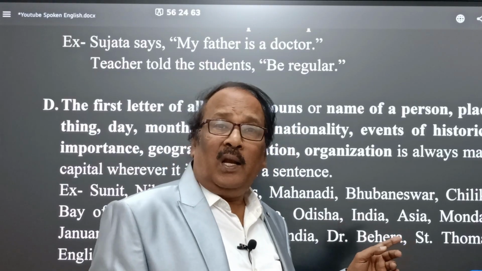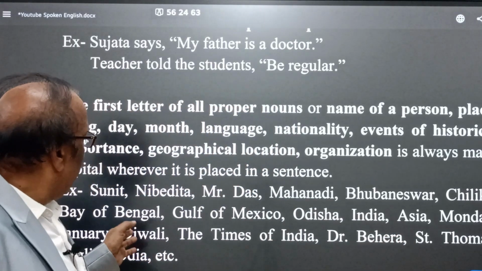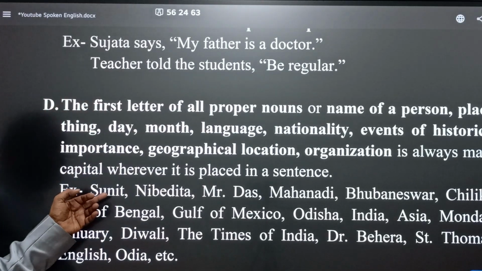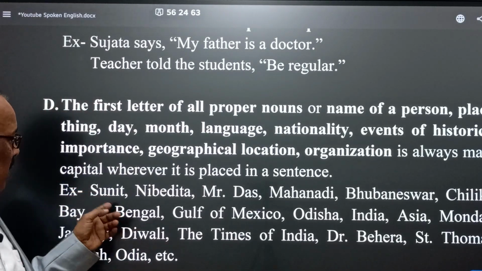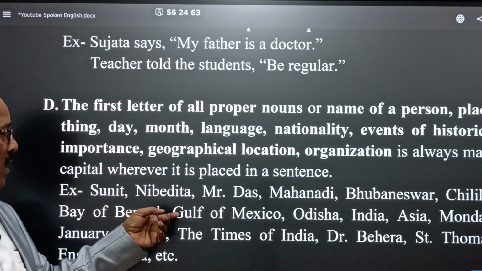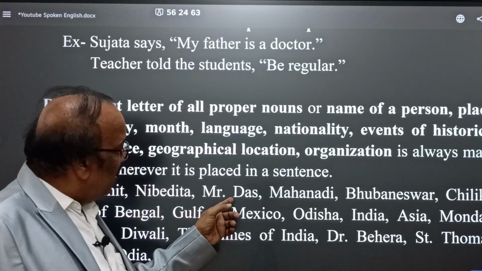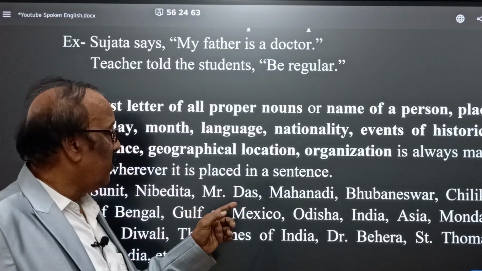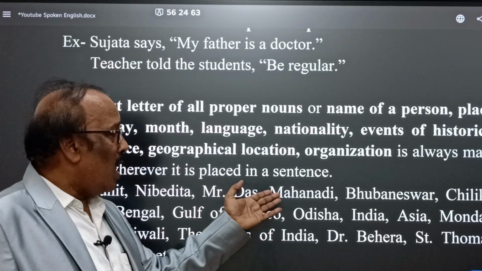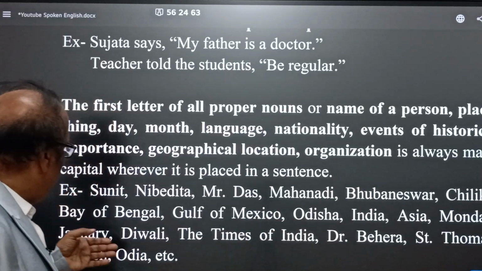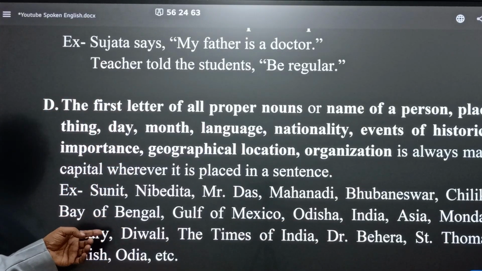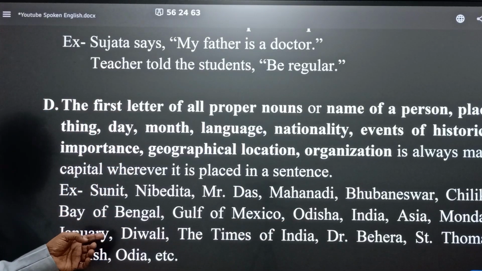And here we find that Sunit, name of a boy, is capital, Nivedita, N capital, Mr. Das, here M capital and D is also made capital. Mahanadi, Bhubaneswar, Chilika, Bay of Bengal. Remember here, Bay of Bengal.